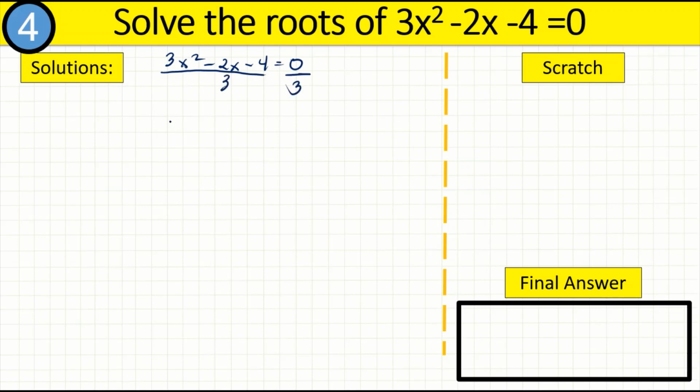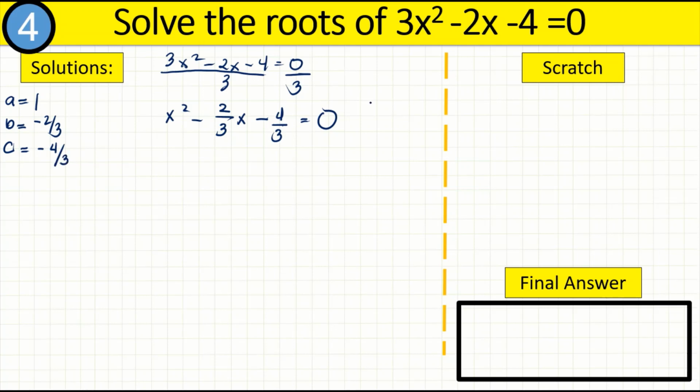So, simplifying this, we have x squared minus 2 over 3x. Hindi natin kayang simplify ang 2 over 3. Then, minus 4 over 3 is equal to 0. Okay, and then, kapag ang a natin is 1, we can get the value of a, b, and c. A is equal to 1, b is equal to negative 2 over 3, and c is equal to negative 4 over 3.